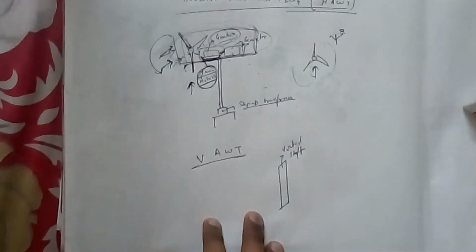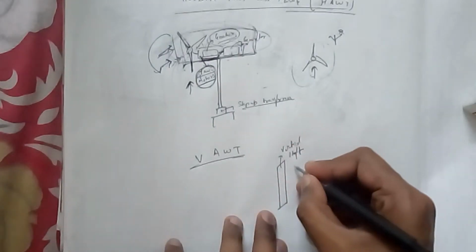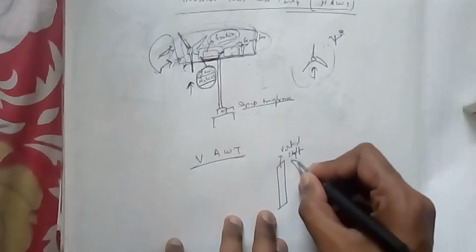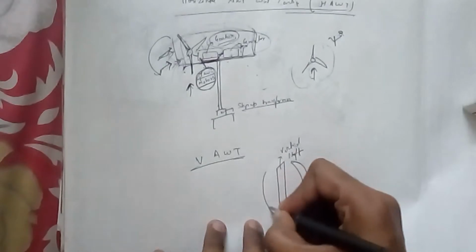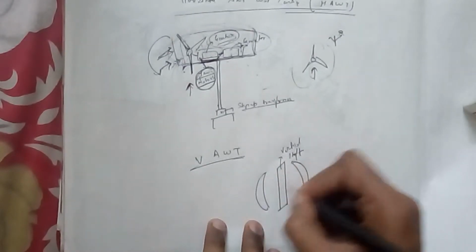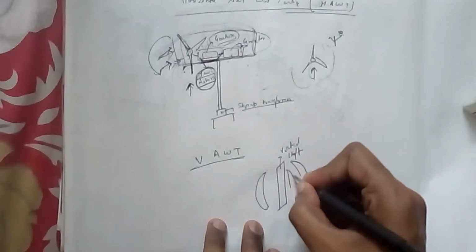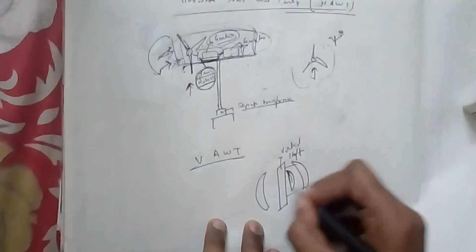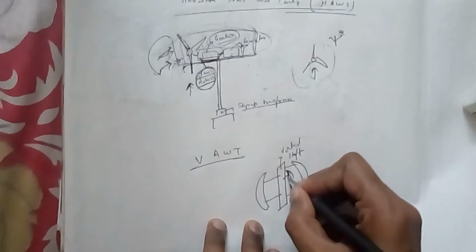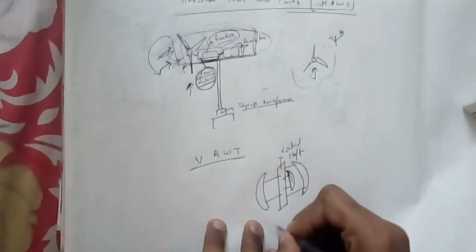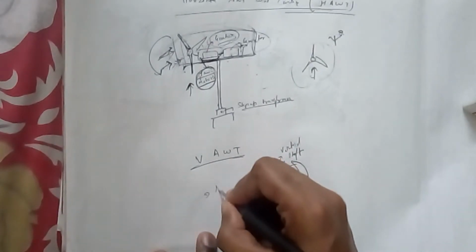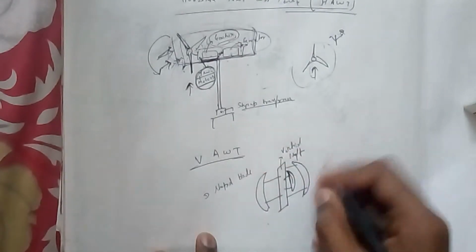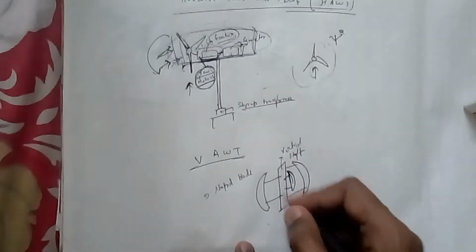Now the blades are of two types here. One is the first one, and there is one behind. This is your behind one. This is known as D-shaped blades because the shape is D. Alright, this D-shaped blade.